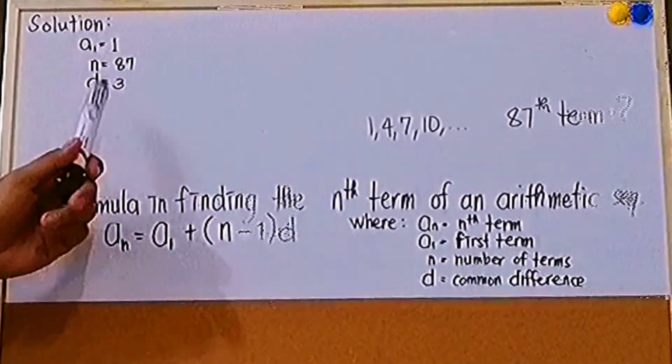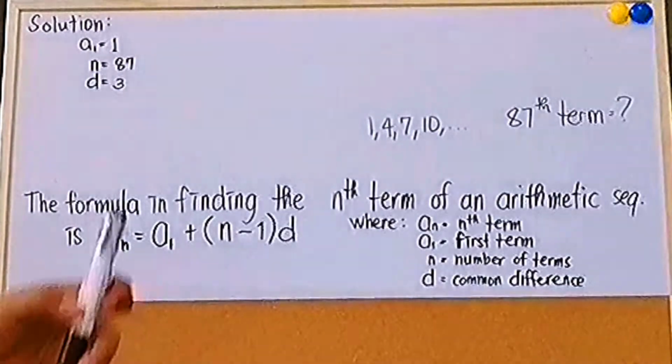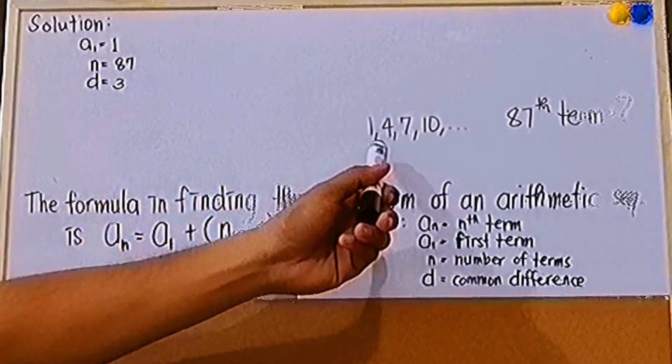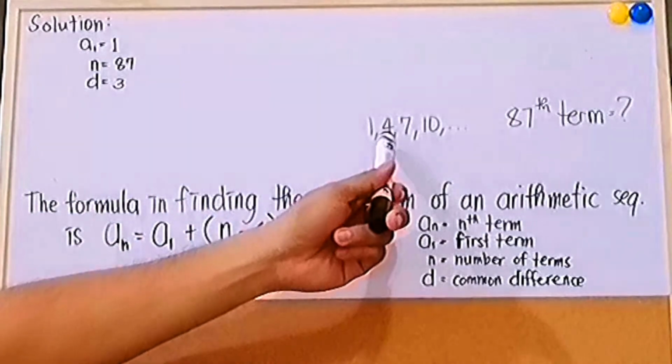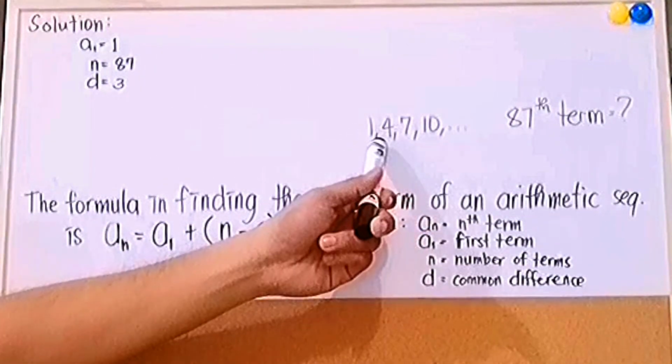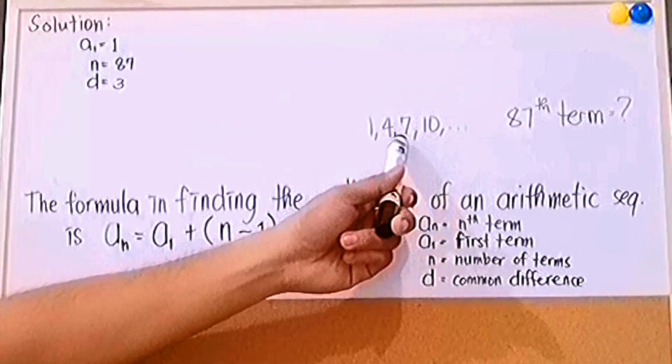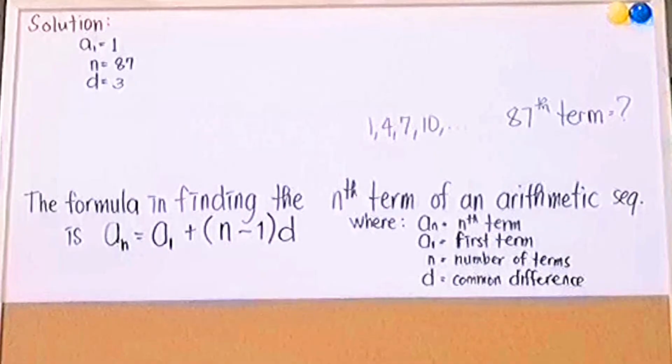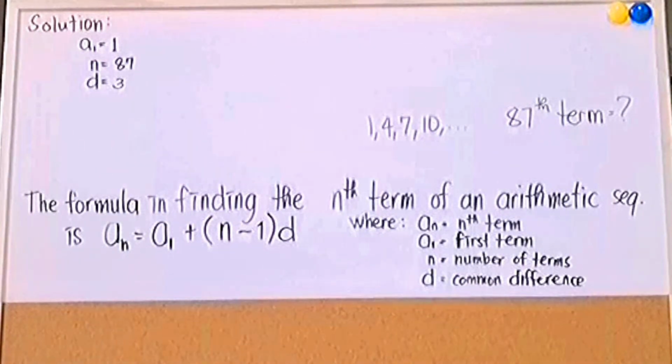And d is 3 because the common difference is solved this way. 4 minus 1 is 3, 7 minus 4 is 3, 10 minus 7 is 3.